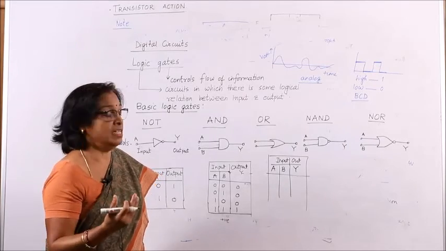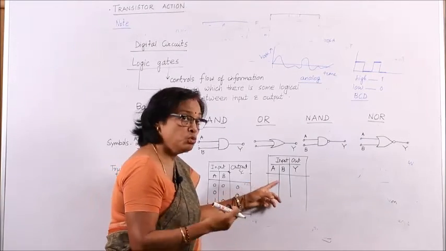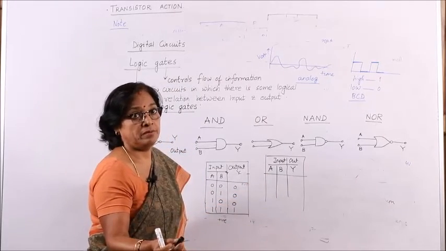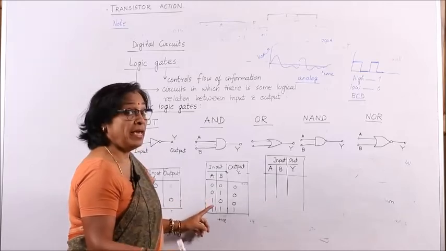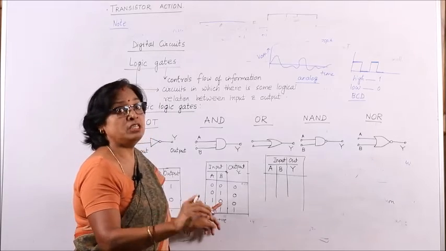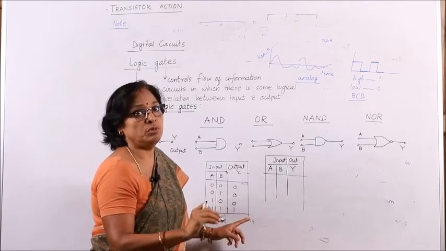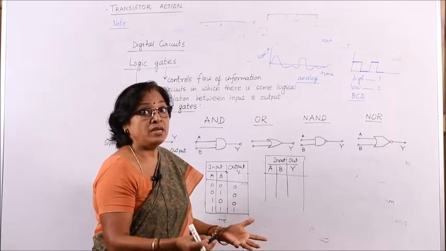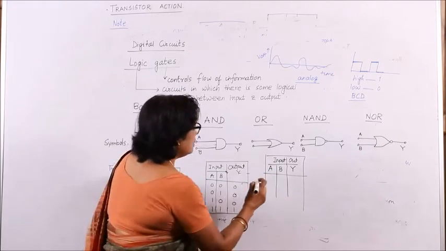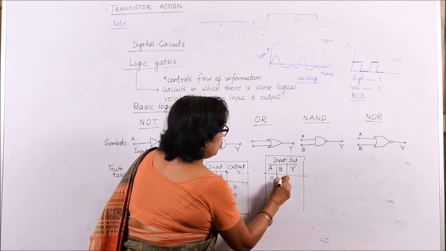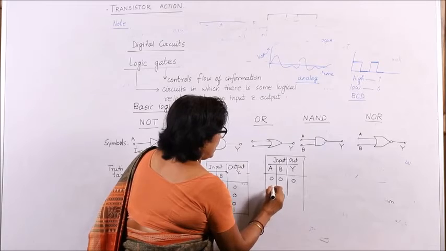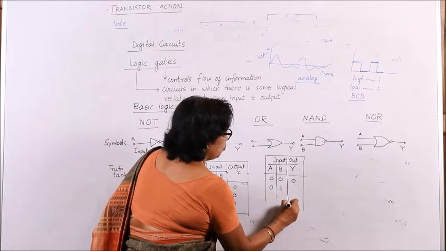So you remember in this manner that if A is 1 or B is 1, output is 1. Here A is 1 or B is 1, output will be 1. Let us see, if A is 0, B is 0, none of them is 1, so this will be 0. But this is A is 0, B is 1.